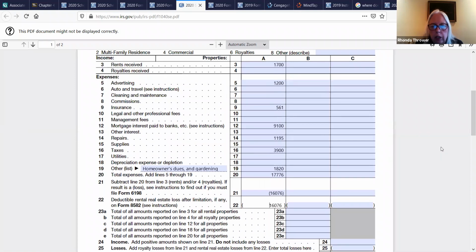Line 3 was 1,700. So 23A is 1,700. 23B didn't apply to us.